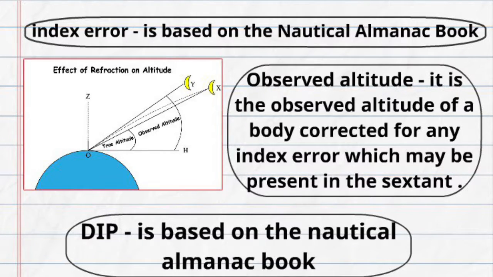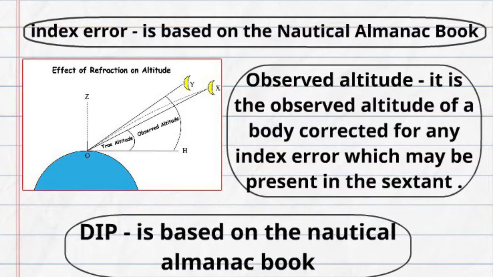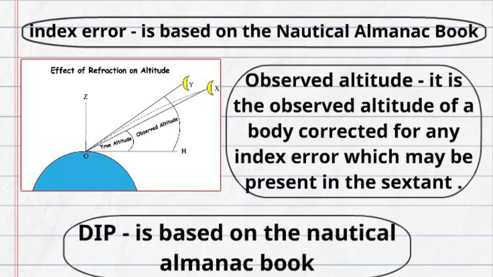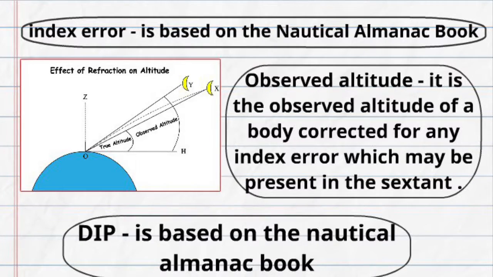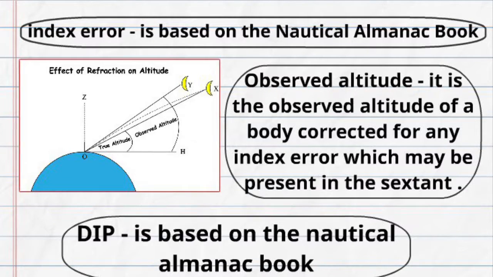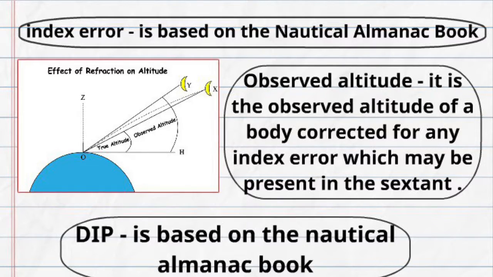Moving on to the apparent altitude, the apparent altitude of a body is the observed altitude corrected for dip. The dip must be subtracted from the observed altitude to give the apparent altitude. And as for the total correction, it is the altitude correction and it is based on the Nautical Almanac book as well.